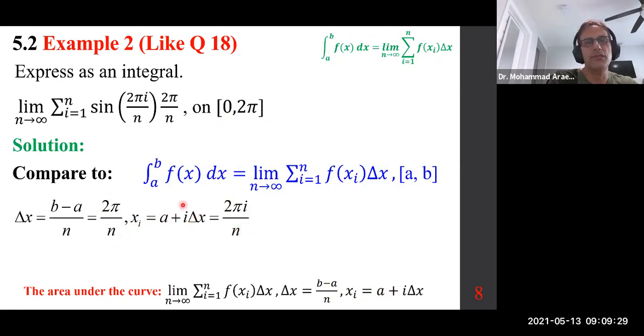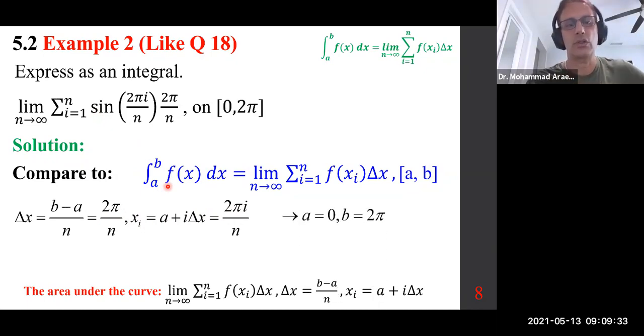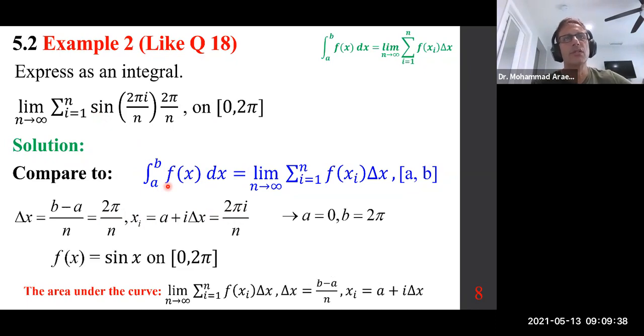And as you can see from here, a is 0, b is 2 pi, obviously. And f of x becomes sine x in the interval of 0 to 2 pi. This is just by inspection. There's really not much to it, class. You have to inspect.